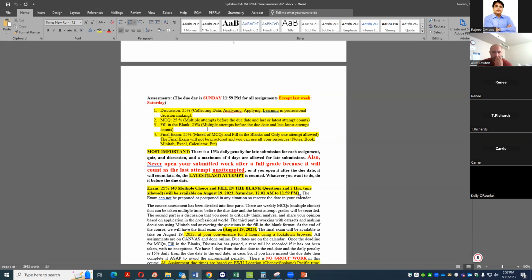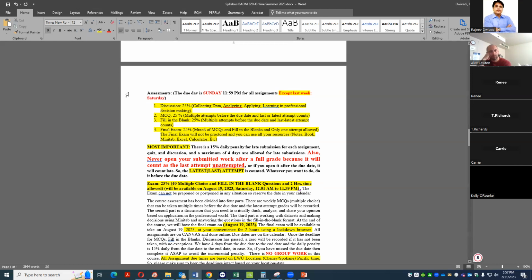That means if the correct answer is, let's say, 0.4, I put plus or minus 0.02 margin of error. So if you get 0.38, that's a correct answer, and 0.42 is also. Any answer between 0.38 and 0.42 will be correct. So I put every fill in the blanks with some margin of error.